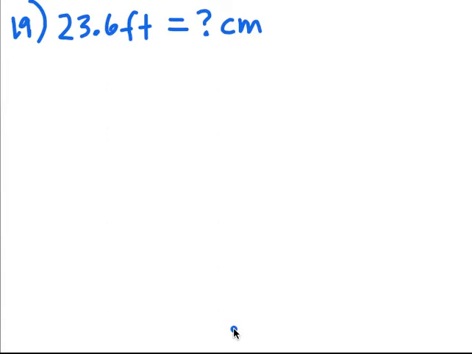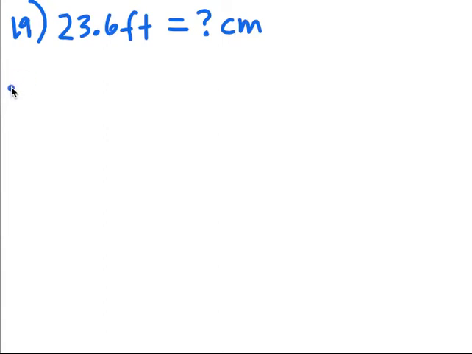So again, think to how we did number 1 and 2. If we can get to inches, then we can convert from inches to centimeters. Now before, we did centimeters to inches, so we're going to be going backwards compared to numbers 1 and 2 that we did. But the first thing we need to do is take feet and convert it into inches.